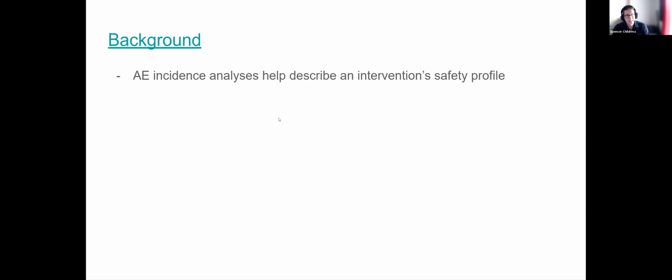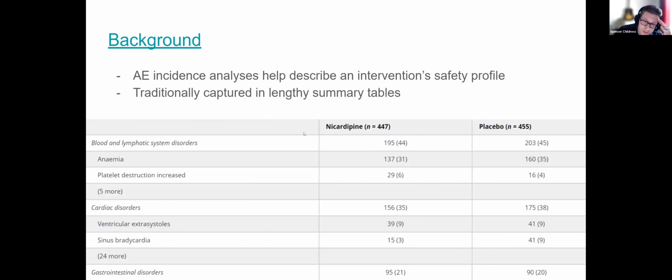So adverse event incidence analysis helps describe an intervention's safety profile. And if you have any background in statistical programming or clinical trial submissions, you might have seen one of these adverse event tables. It's presented by system organ class and preferred term, and you just have the count of participants who experienced the event in each treatment arm.